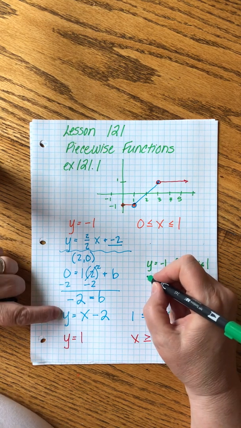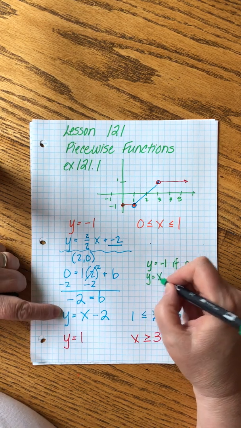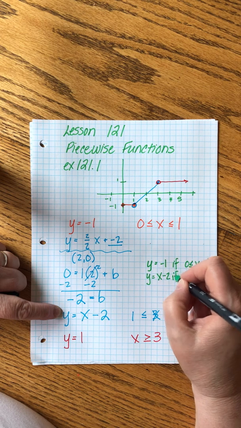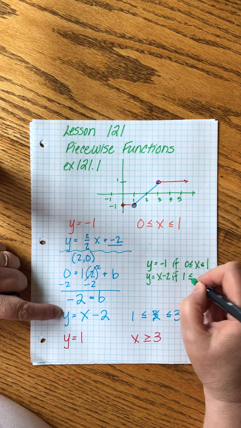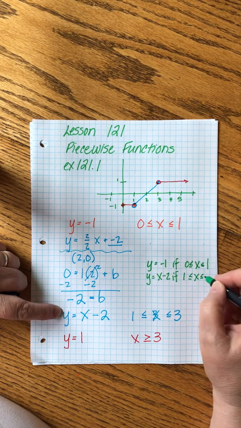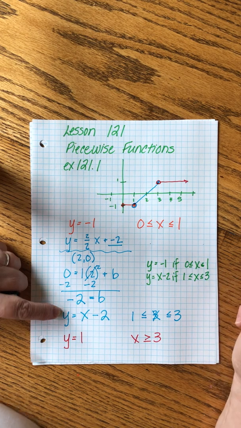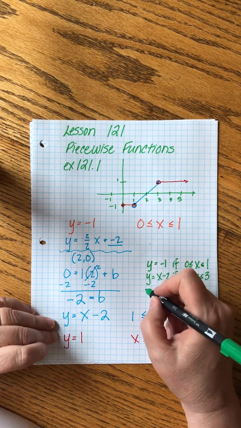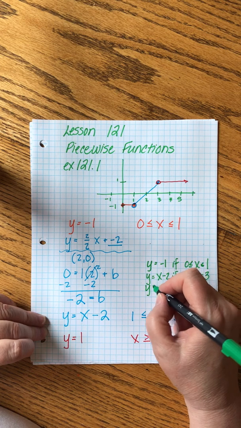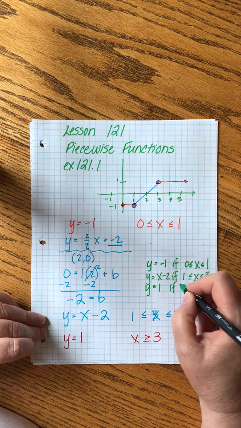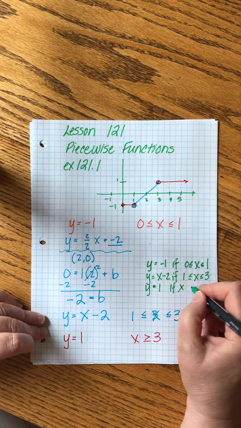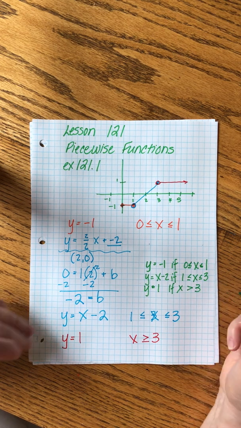Then he writes y equals x minus 2 if 1 is less than x is less than 3. And then the third part, y equals 1 if x is greater than 3.